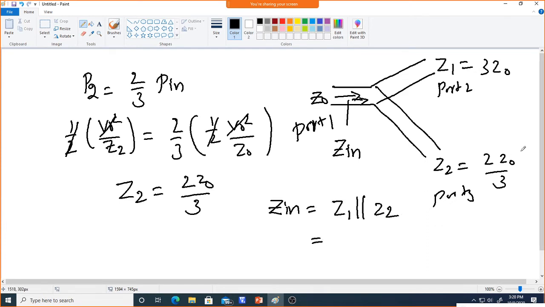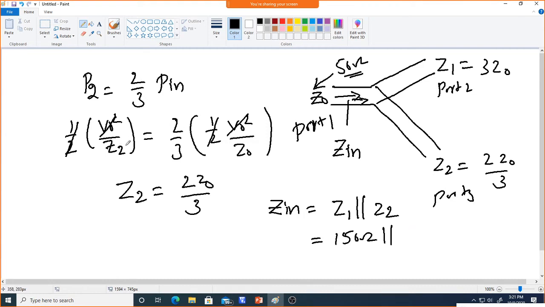Now what will be the Z0 value? We always assume the characteristic impedance Z0 is 50 ohm. So if you take Z0 as 50 ohm, your Z1 will be 150 ohm, parallel to Z2.